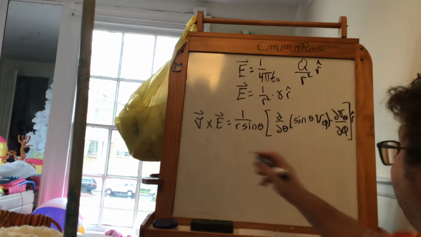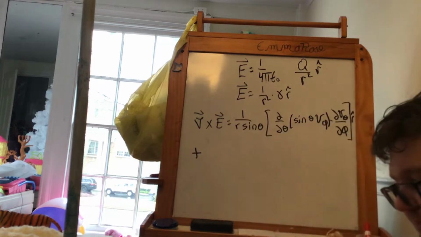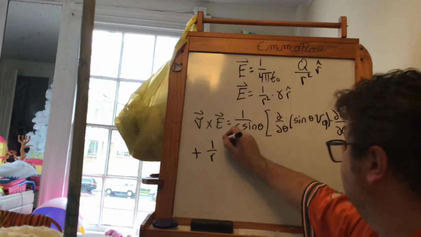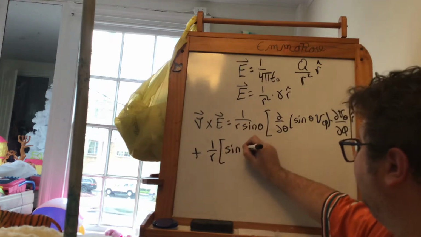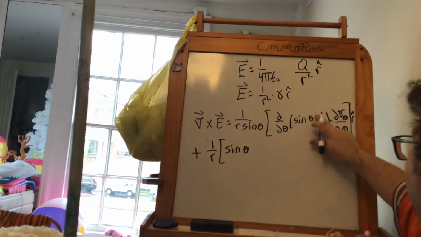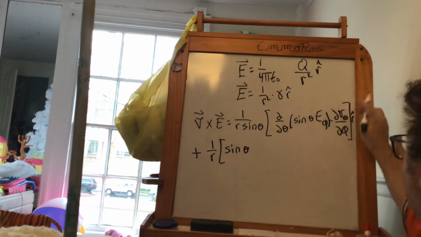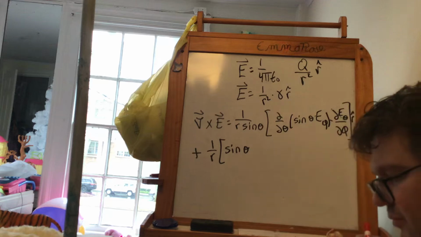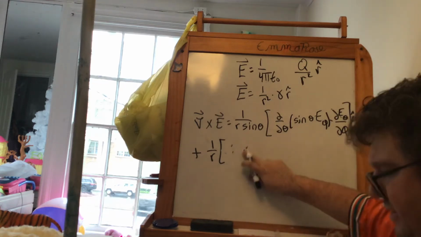But then I also have two more terms. So plus 1 over r, the sine of theta, or sorry, these aren't v, these are e's, right? Because that's the vector I'm putting in there. So 1 over sine theta here.